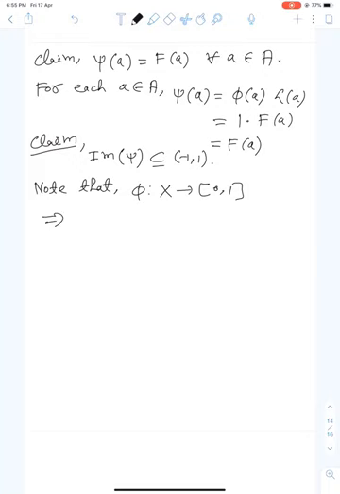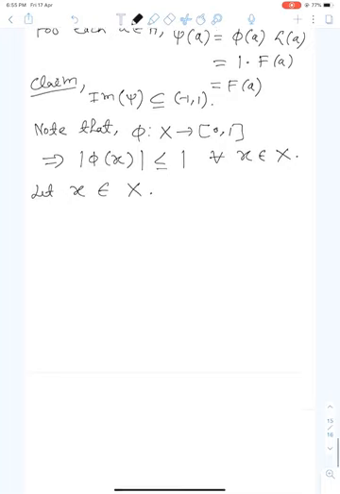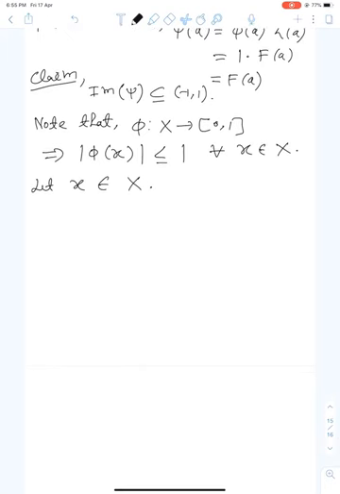So that implies, let's say, mod of phi(x) is less than or equal to 1 for all x belonging to X. Now we claim that mod of psi(x) is strictly less than 1. Why? Because now choose a point x in capital X, that is the whole set. Now we have two possibilities: either x belongs to D or x belongs to D complement.